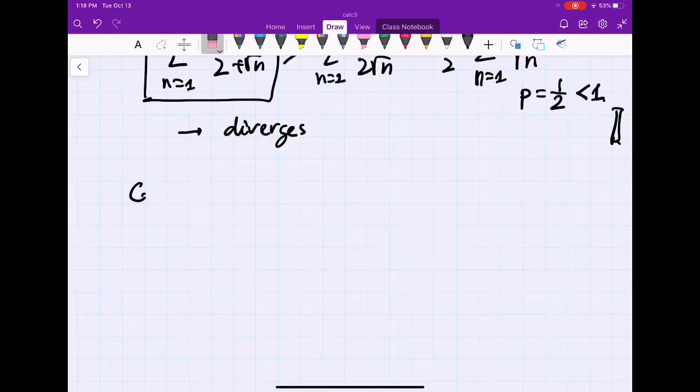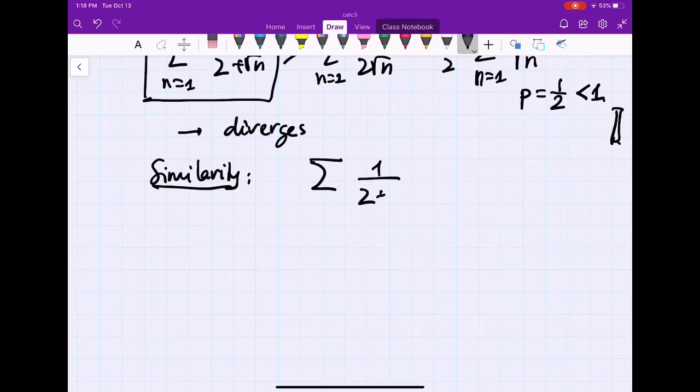Sorry, not comparison, similarity. I write the series of 1 over 2 plus square root of n, from 1 to infinity, is similar to the series 1 over square root of n, from 1 to infinity. I just ignore 2. Does that make sense?